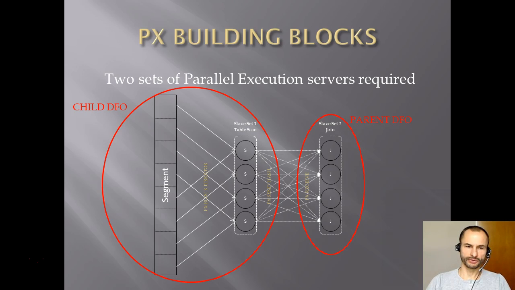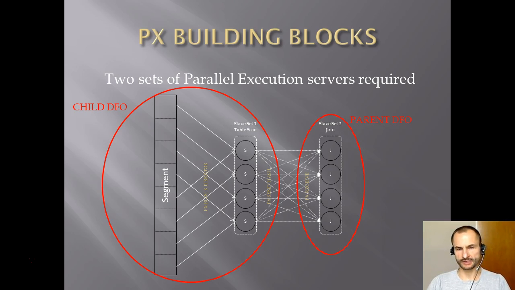Also, in terms of reading execution plans, we come to another term in this context, the so-called data flow operation, which gets abbreviated DFO. In terms of reading the execution plan, the producer-consumer model is implemented via a so-called child data flow operation, which is producing the data, and a parent data flow operation, which is consuming, receiving the data.